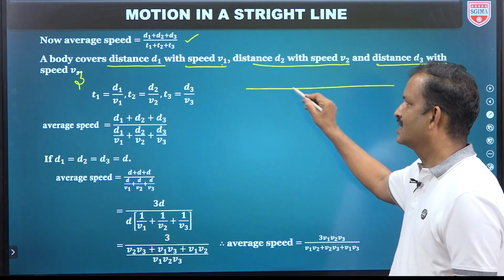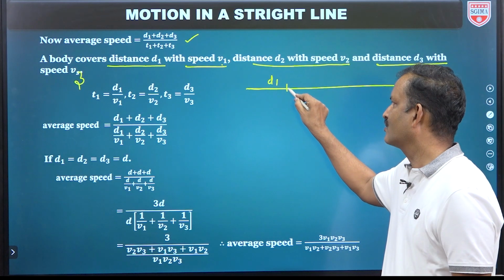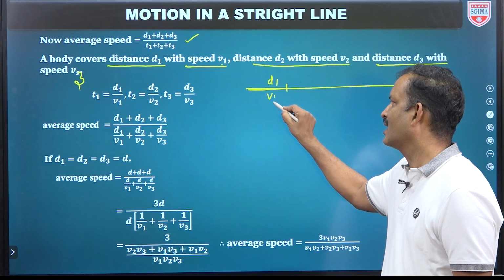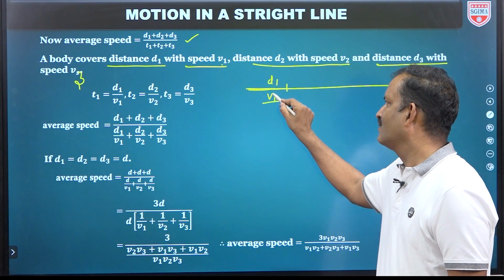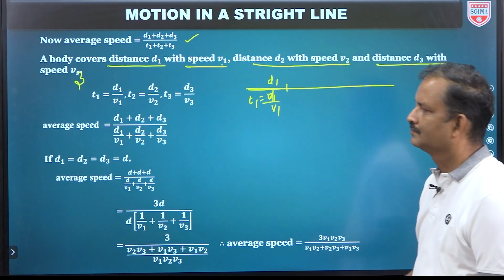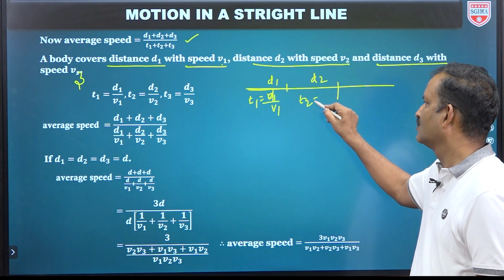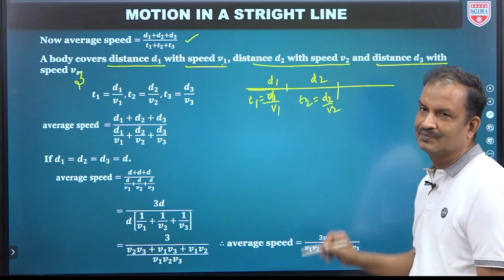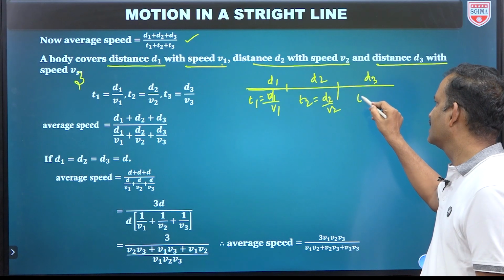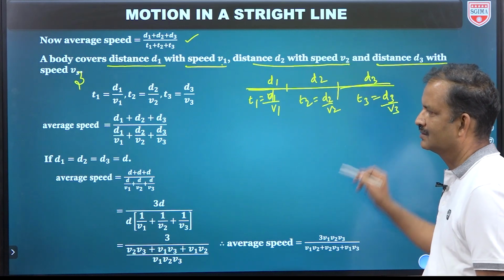So time t1 is d1 by v1, t2 is d2 by v2, and t3 is d3 by v3.